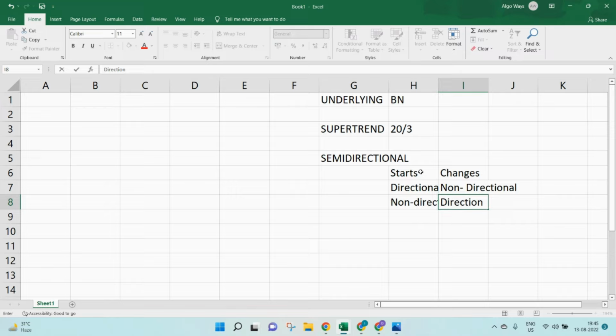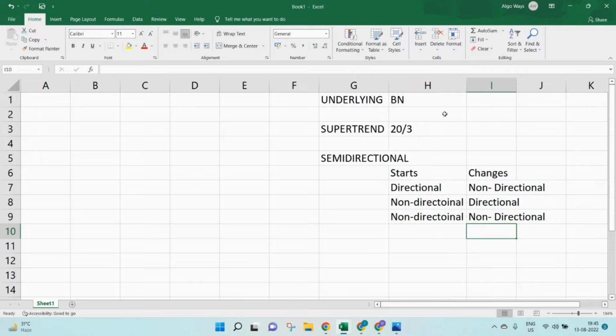And the third category is that it starts non-directional and still remains non-directional, but with a directional bias. So this particular strategy will fall in category 3.